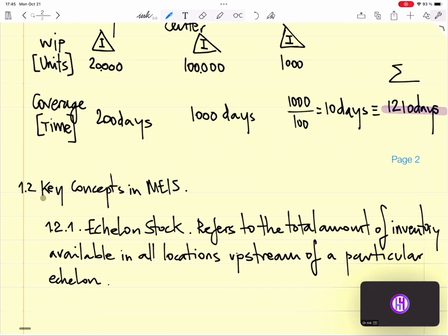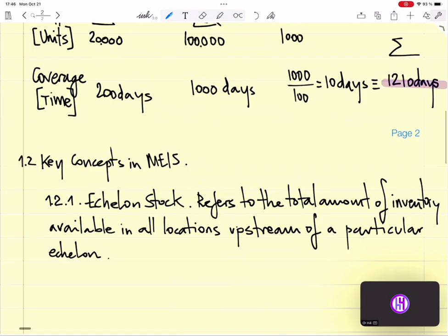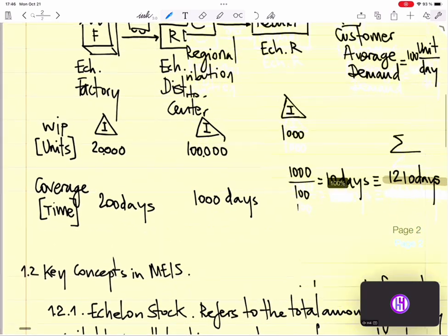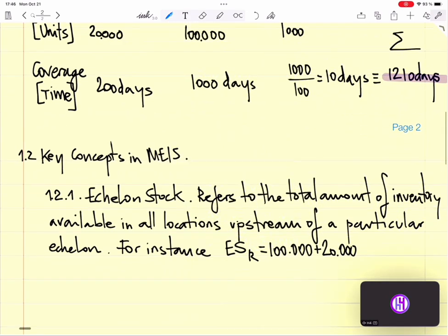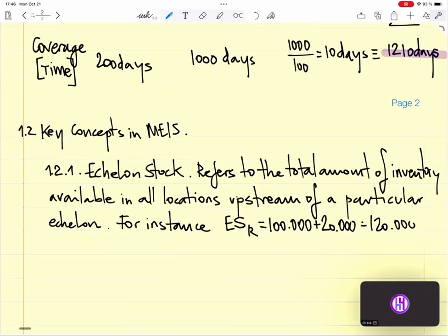So, for example, the echelon stock of the retailer equals 100,000 plus 20,000, which equals 120,000. This is the echelon stock of the retailer.